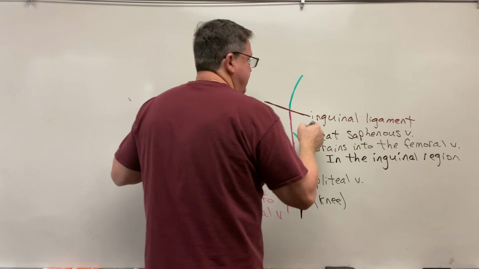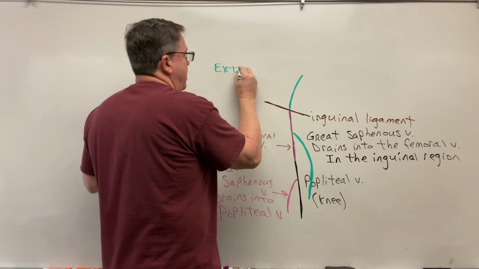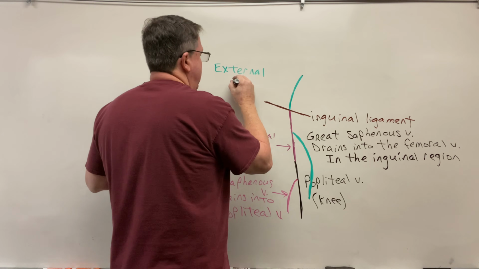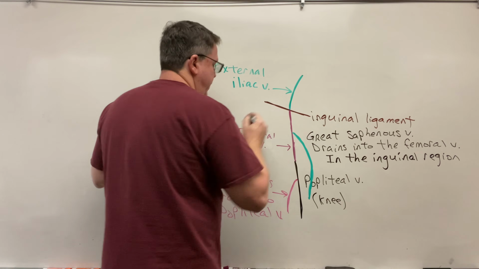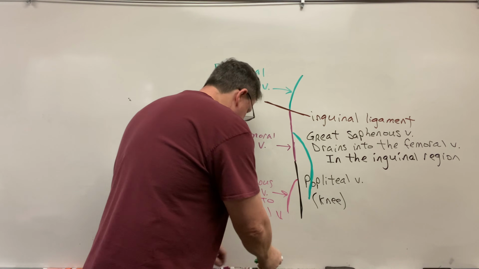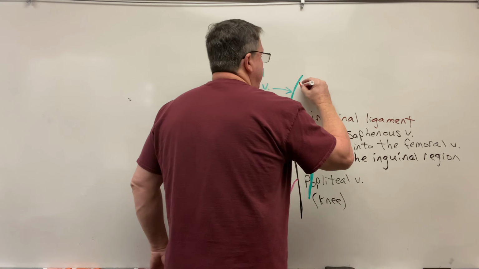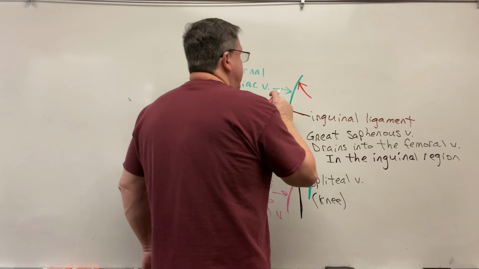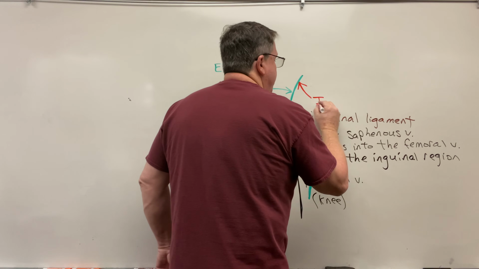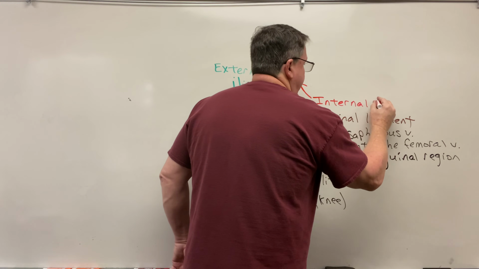Okay, so once it passes this inguinal ligament, this is going to become the external iliac vein. Now, as it continues up, my external iliac, I'm going to use red, even though we usually use red for arteries. I'm running out of colors. My external iliac is going to meet with my internal iliac vein.